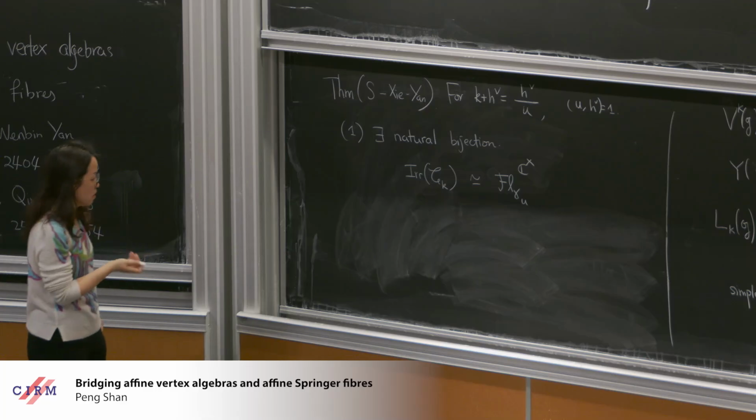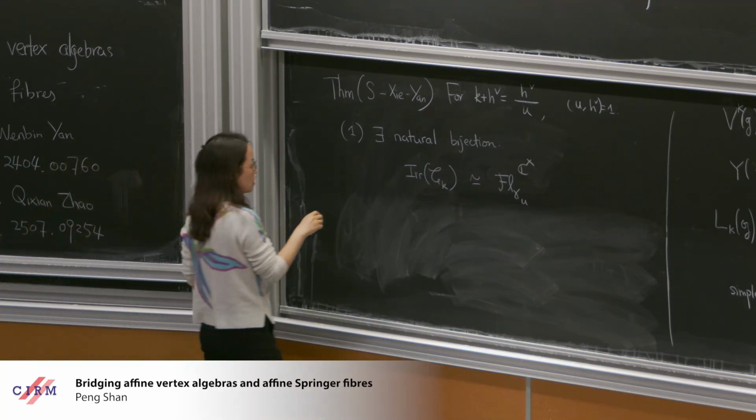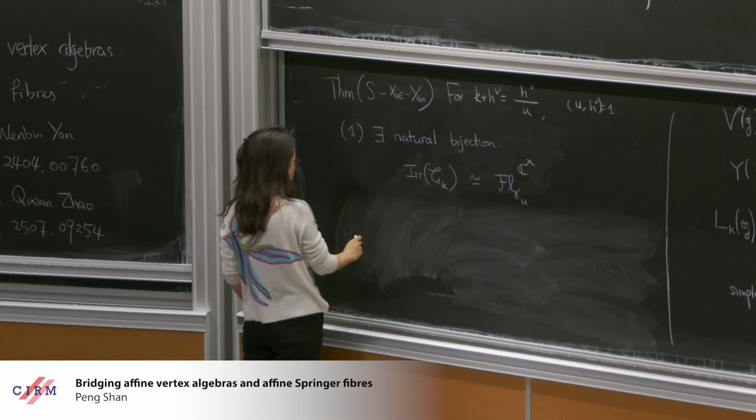So we produce some explicit bijection. Moreover, this bijection satisfies some nice properties.